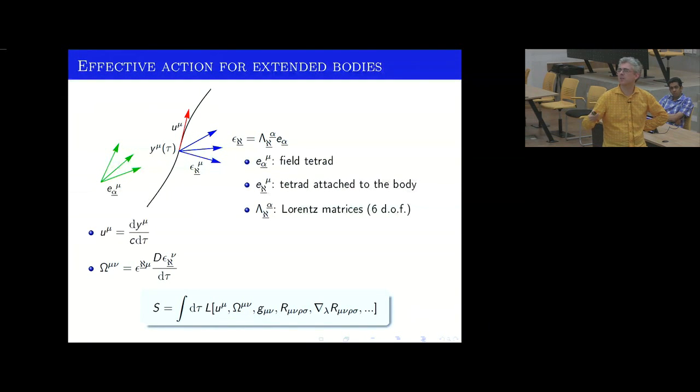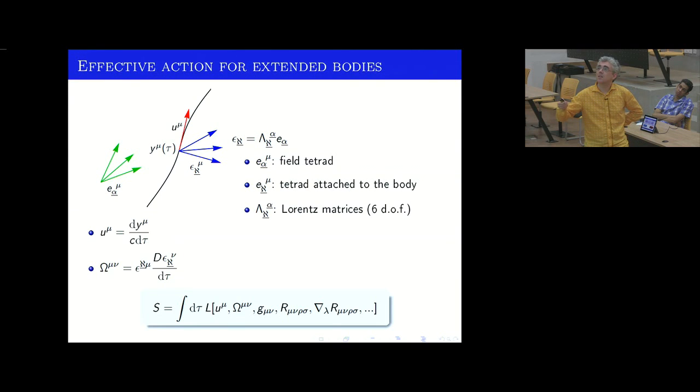This is chosen, for instance, using the gauge condition for the coordinate system where you are. Well, there are several ways to fix this. And then there is another tetrad moving along the world line associated with the body. And there is a Lorentz matrix linking the two tetrads.